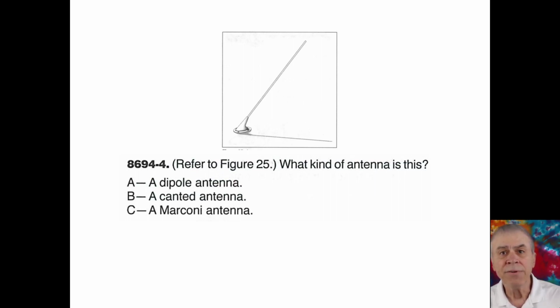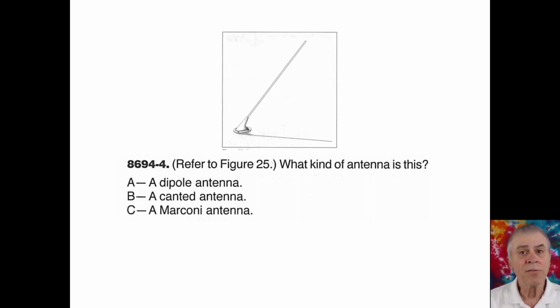And what kind of antenna is this? All right, it's angled back. So what is this? A dipole? No. You would have to have, in effect, two poles. A canted antenna, I believe that is the word when they're angled back like that. Or a Marconi antenna.